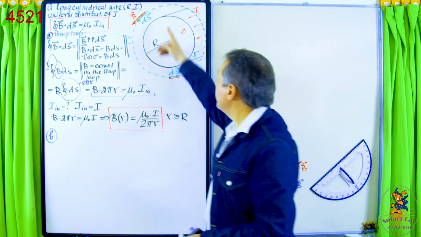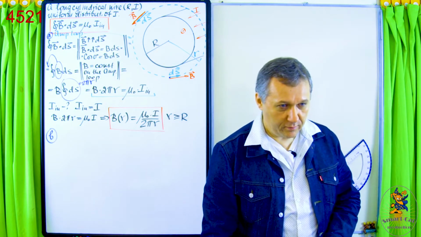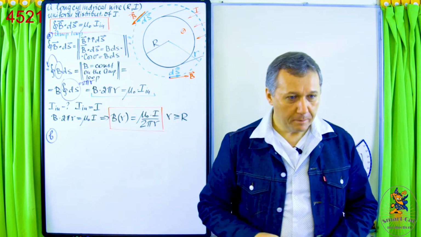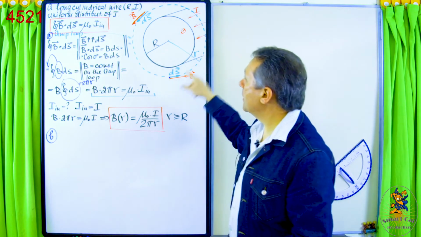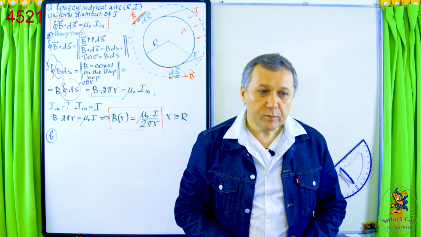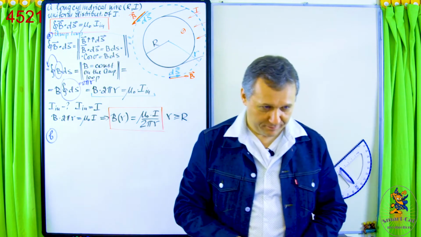So what if you, for example, pick an amperian loop of an elliptical shape? What would happen with your calculations? First of all, ds and B wouldn't be parallel to each other, so the first step would be impossible.